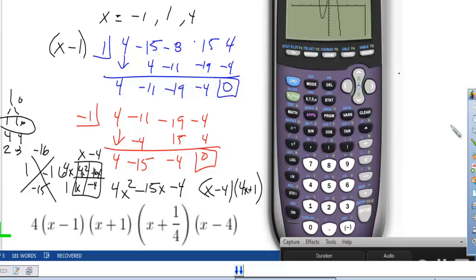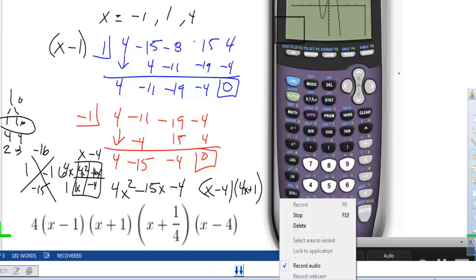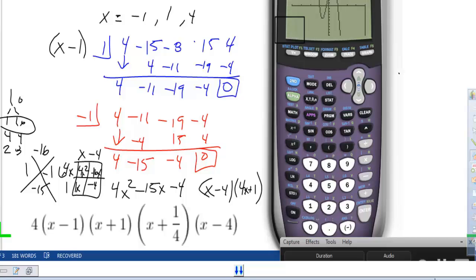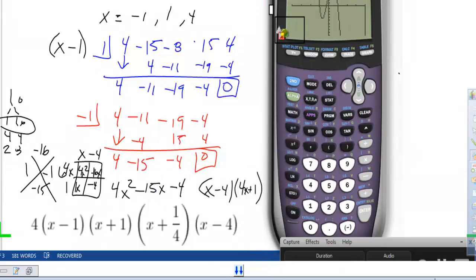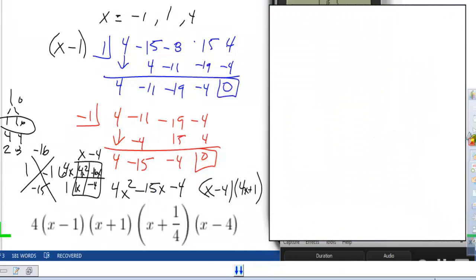I'm trying to find space on this without deleting everything. We will make one. There we go. Gain a little space right here.